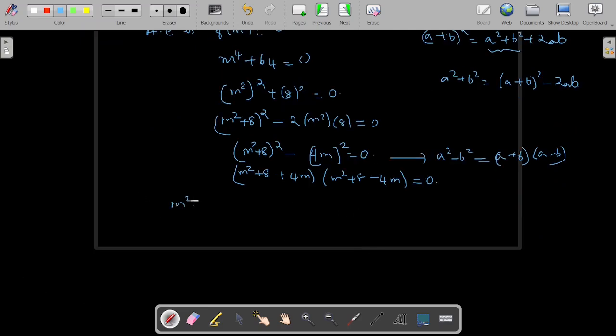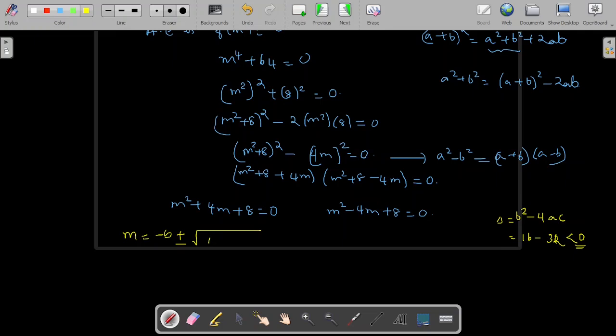One is m square plus 4m plus 8 equal to 0 and m square minus 4m plus 8 equal to 0. So you can check in both cases what is the discriminant. b square minus 4ac, delta equal to, b is 4, 16 minus 32, 8 into 4 is 32, which is less than 0. Therefore it has complex roots. Directly you go with the formula: minus b plus or minus square root of b square minus 4ac by 2a. This is the formula.